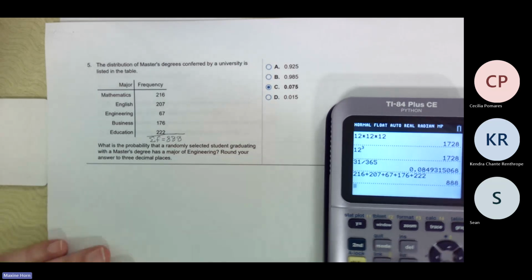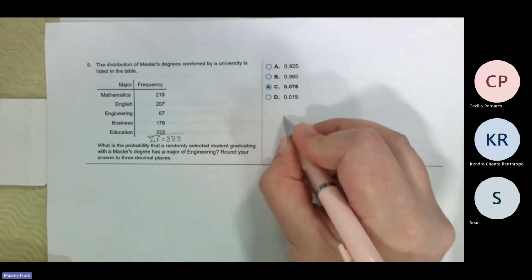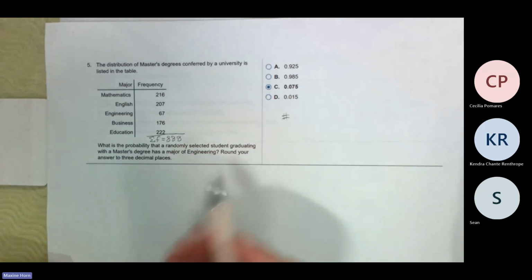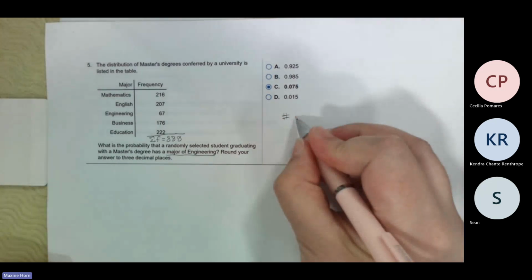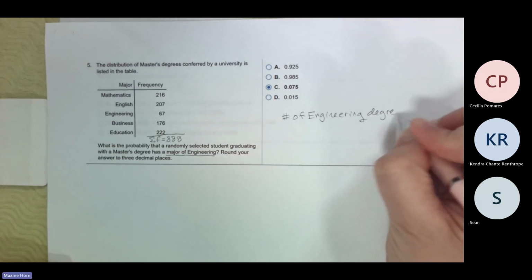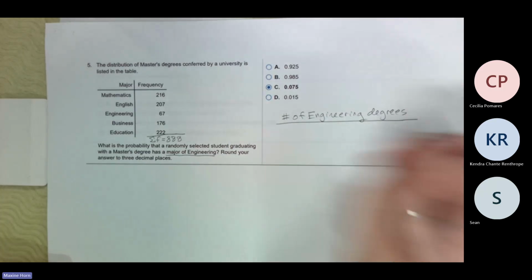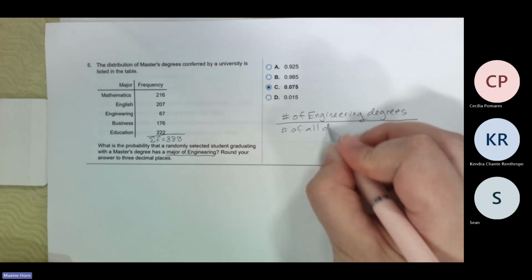So that is our denominator, right? So what we're going to have here is in the numerator, what they're asking for. They're asking for a major in engineering. So we're going to have the number of engineering degrees conferred over the number of all the degrees, or the total of them.